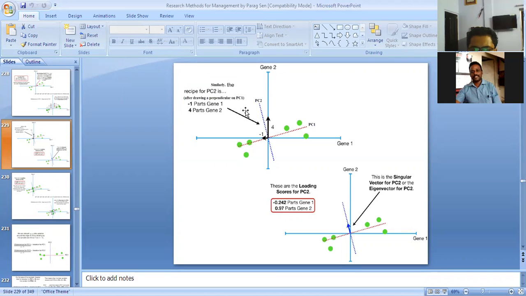Here you are mixing minus 0.242 parts of gene 1, because this side is minus 0.242, and 0.97 parts of gene 2 for PC2, which is also termed the loading score.